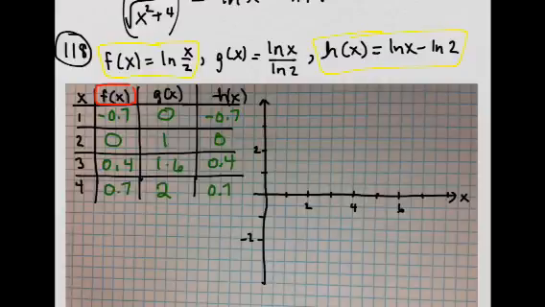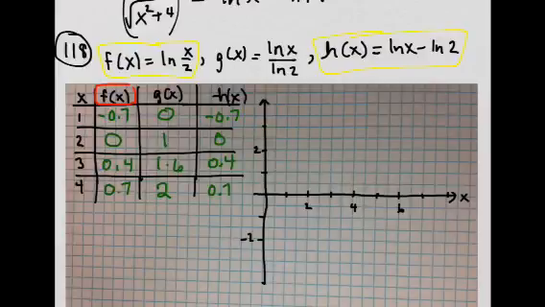And so what I did was I made a table with x values 1 through 4, and then I made a column for each of the functions, and I took a calculator and just plugged them in. And you'll notice again that f of x and h of x have the same identical numbers, which is what we expect, right? Because of the properties of logs, so that's what we expect to see. But I went ahead and did the tables to show you.